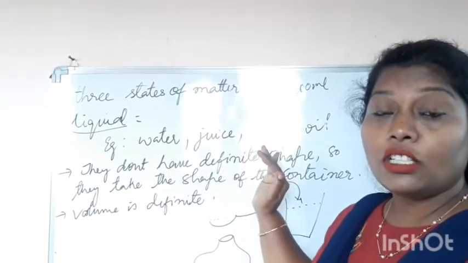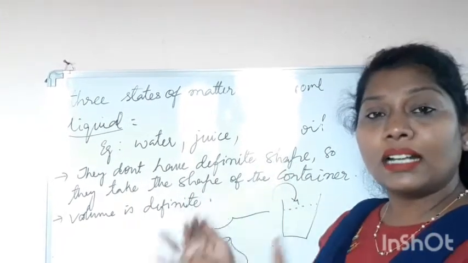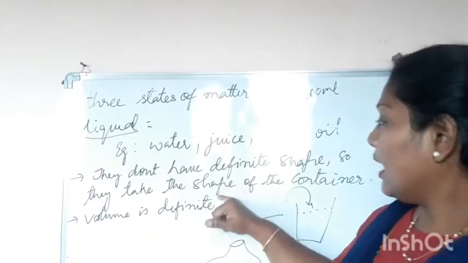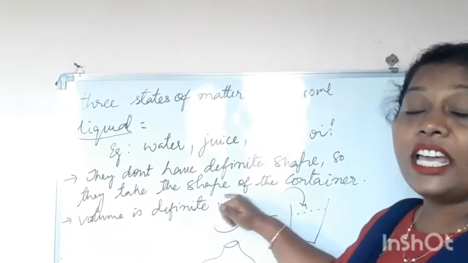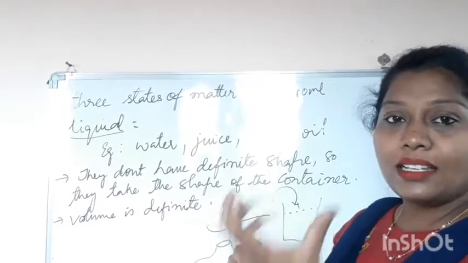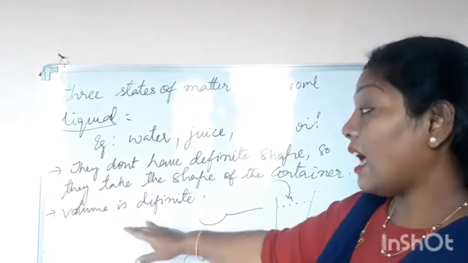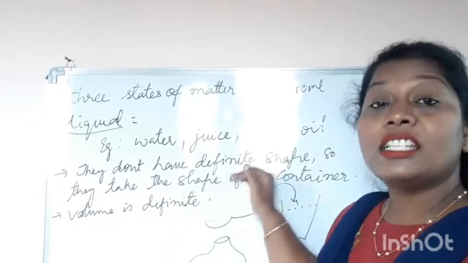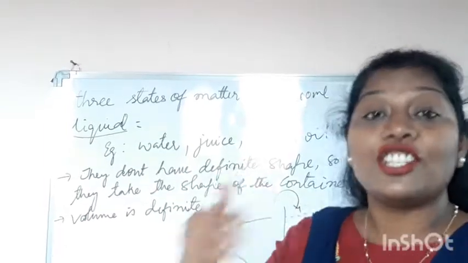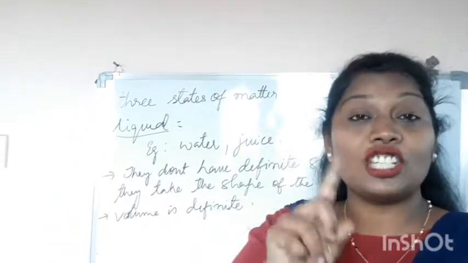They take the shape of the container in which they are kept, as a cup, glass, spoon, or water bottle. A glass has the glass shape, a bottle has the bottle shape. They have a definite volume. Liquids may change their shape, but the volume does not change.